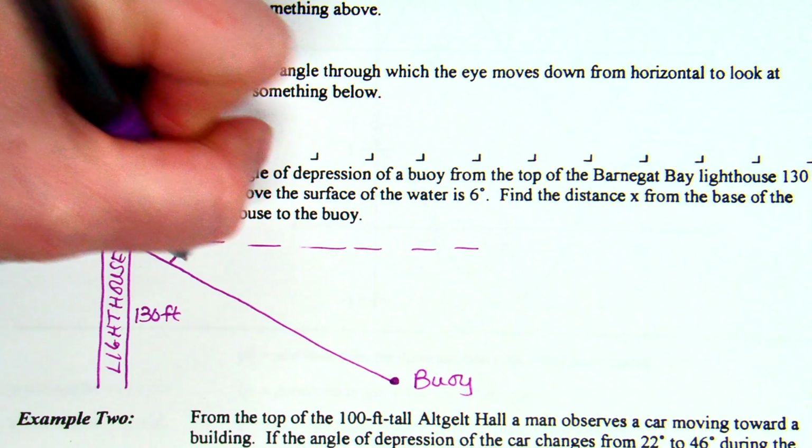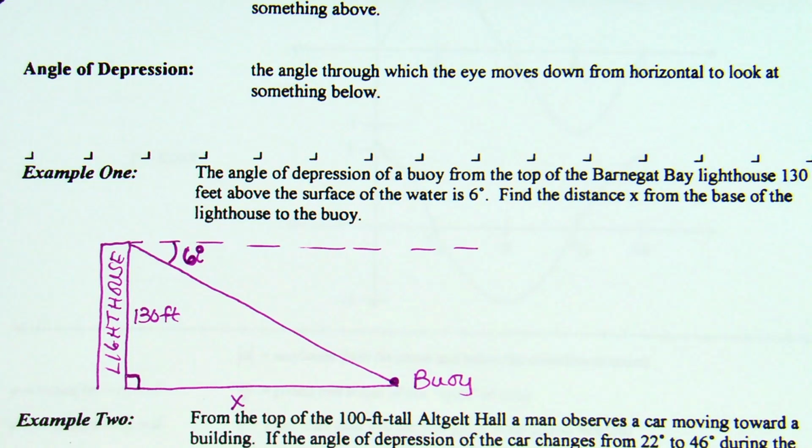6 degrees here. So that 6 degrees is actually going to be outside of my triangle. It won't be a huge deal; we'll fix it in a moment. Find the distance x from the base of the lighthouse to the base of the buoy. So we're trying to find the bottom of the triangle, and obviously I created a right triangle.